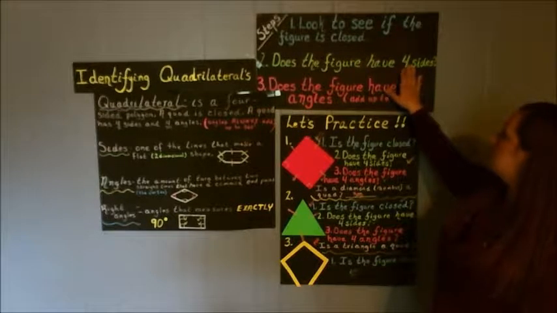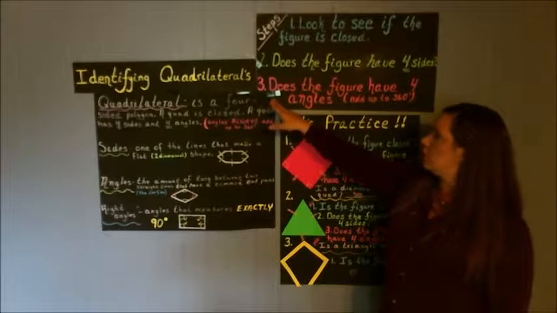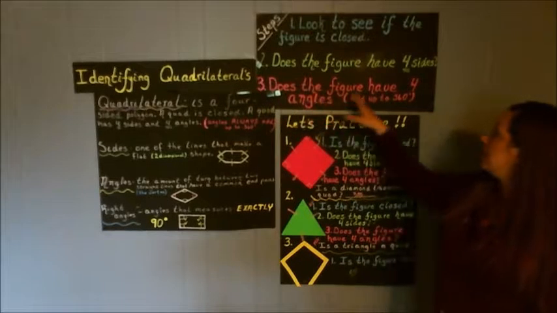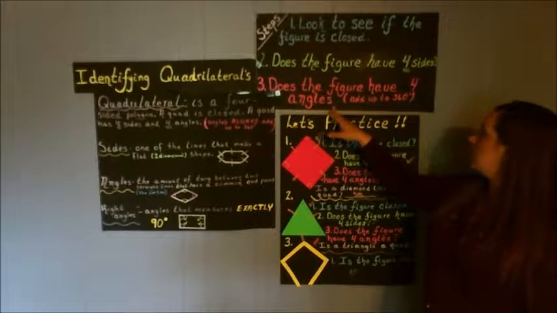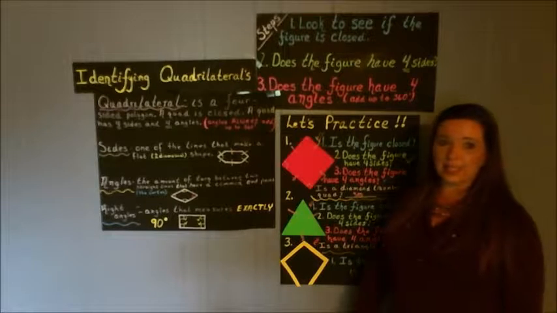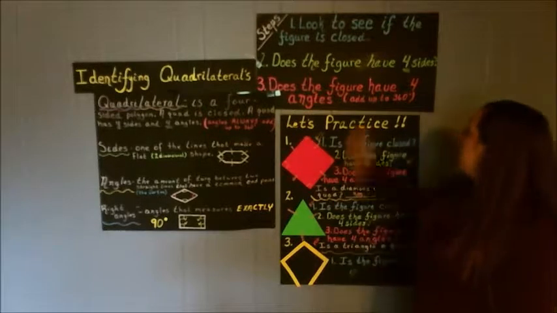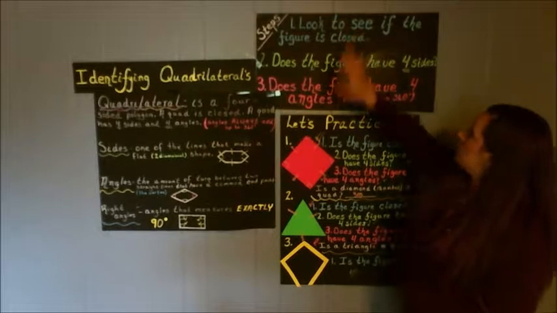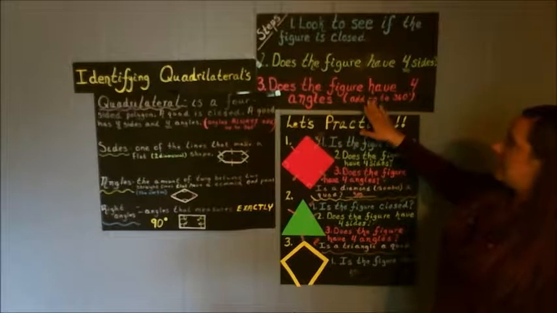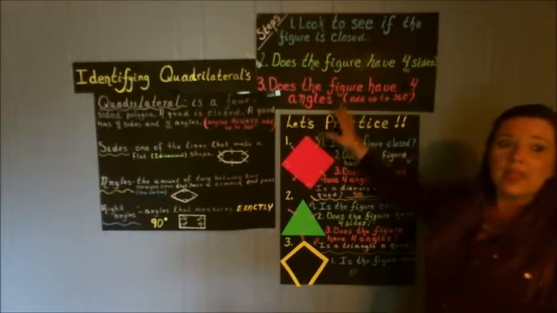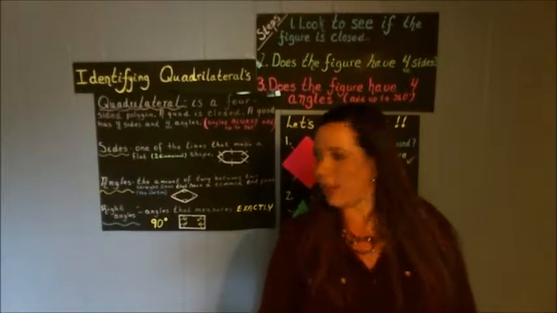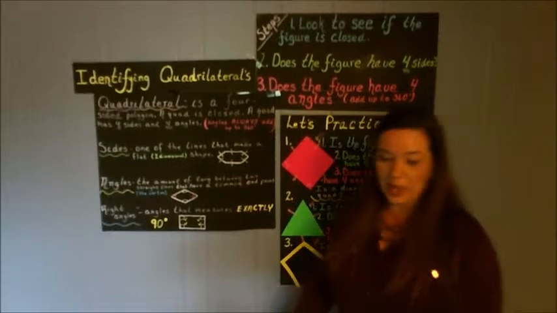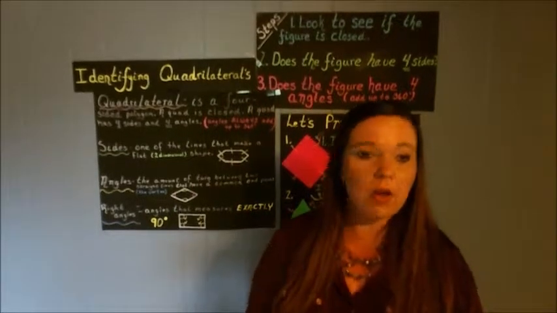If it has 4 sides, you would go to step number 3. Does the figure have 4 angles that add up to 360? If the figure is closed, it does have 4 sides, and it has 4 angles, then it is a quadrilateral. Okay? Any questions? All right.